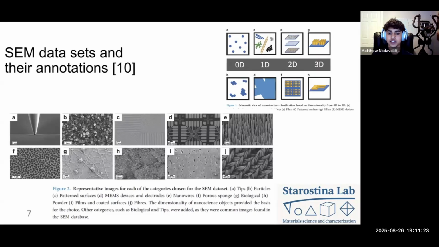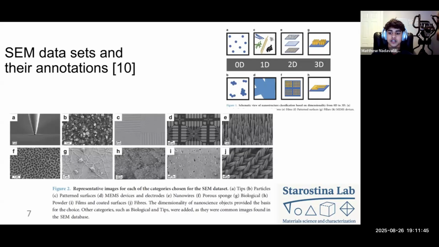The dimensionality discussed above provided the main basis for this characterization, but was not exhaustive. After the investigation of SEM images, database, and discussions with SEM scientists, additional categories such as biological samples and tips, these last mostly related to atomic force microscopes, were introduced to enlarge the spectrum of the possible categories.